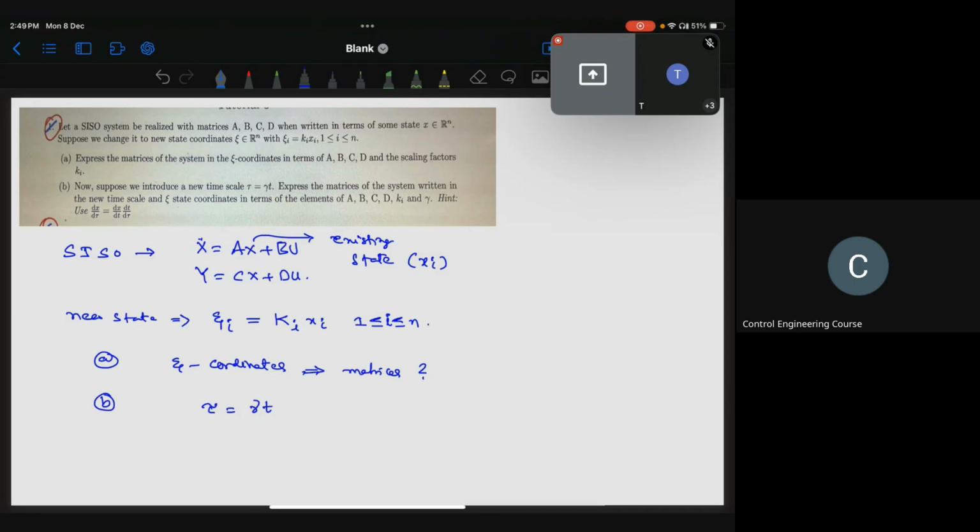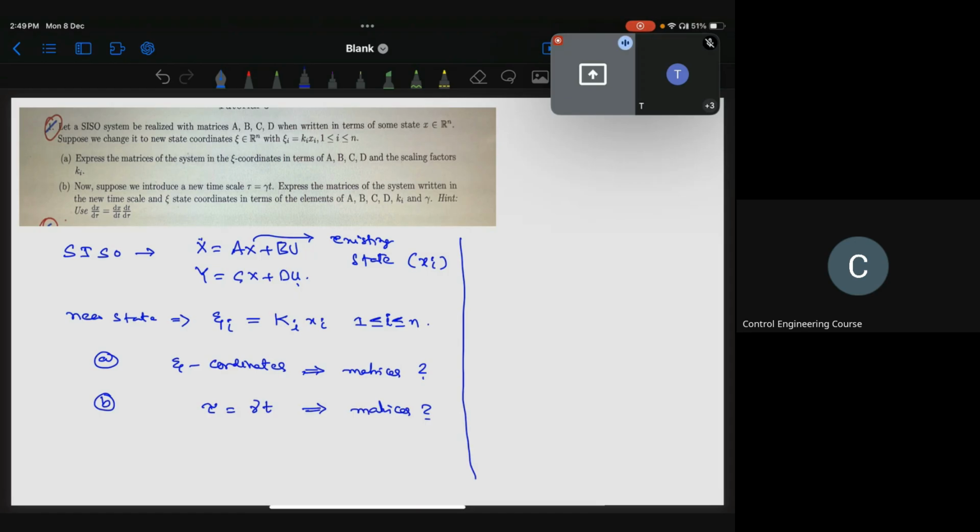Again, how would the matrices A, B, C, D change? This is our question. I hope the question is clear.